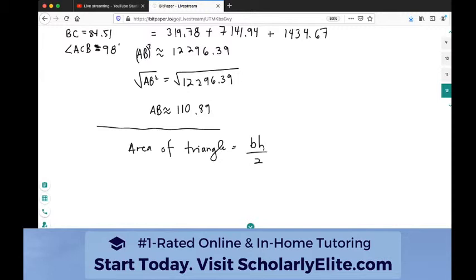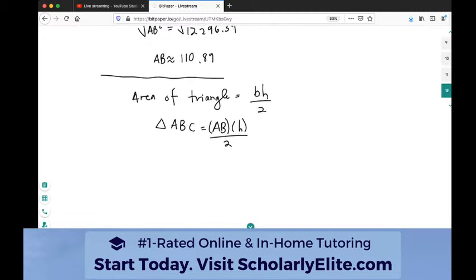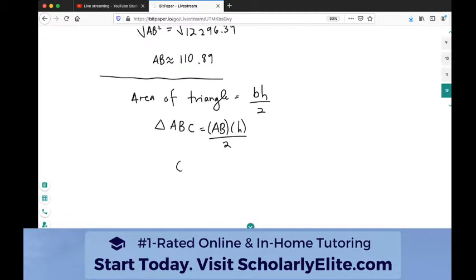Therefore, for triangle ABC, the area is AB, which is the base, times the height divided by 2, and we've already been given the area as 670, so we're going to substitute that in. So 670, oh sorry, 2,670.